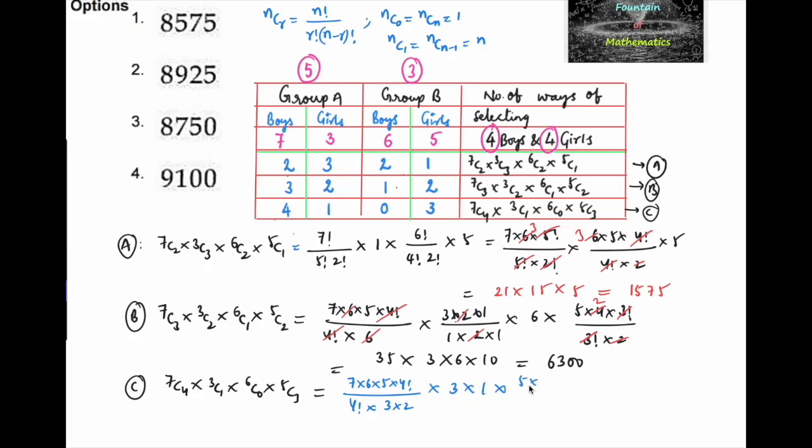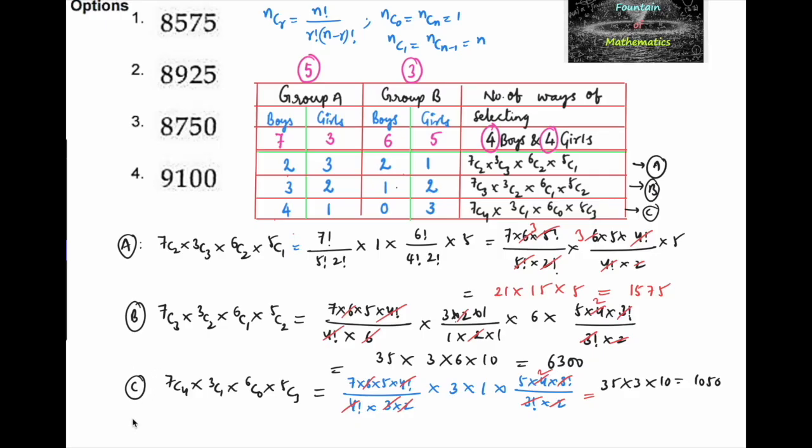The 5C3 value we can write as 5 into 4 into 3 factorial divided by 3 factorial into 2. So we can cancel 4 factorial here, and 3 into 2 is 6, and here 3 factorial and 2. On simplifying we get 7 fives are 35, into 3, into 10. So 30 into 35, which is 1050.